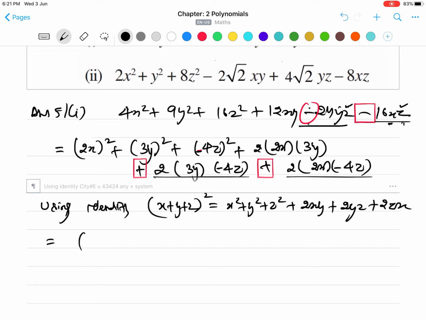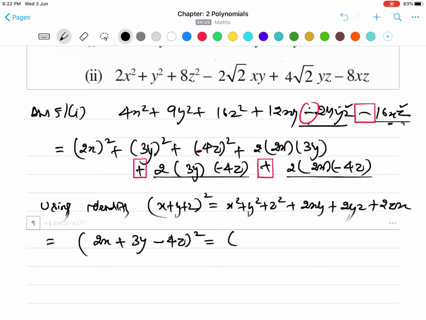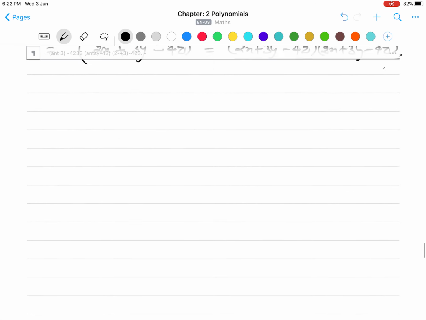So this will be equal to (x plus y plus z) where x here is 2x, y here is 3y, and z is minus 4z, whole square. Or this can be written as (2x plus 3y minus 4z) into (2x plus 3y minus 4z). Okay, so that's the solution of this question.